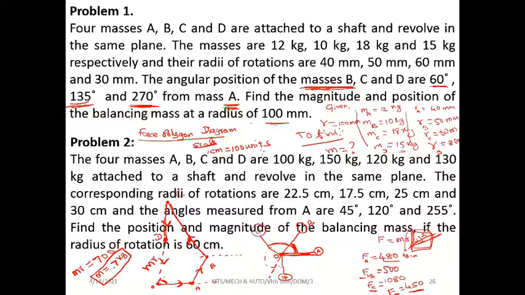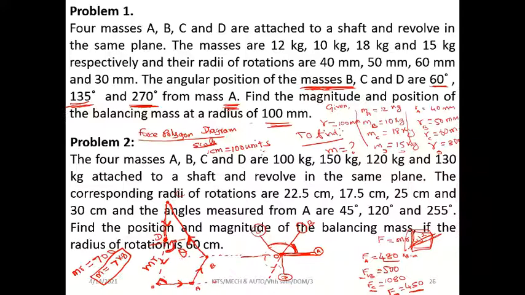Now we have to draw this mass here. 100 mm means you have to draw a 10 centimeter line for this angle. This is the horizontal line, and for this horizontal line this is the theta value.